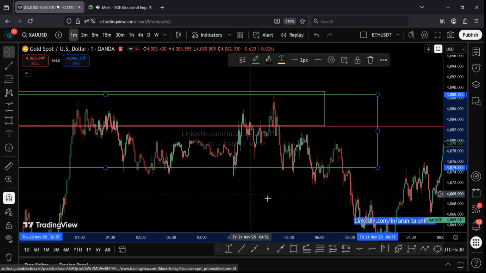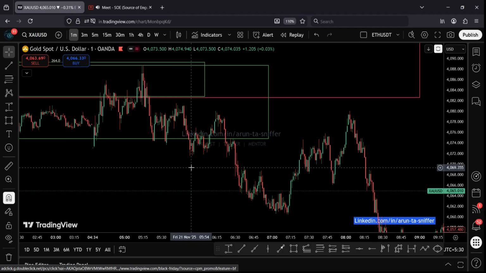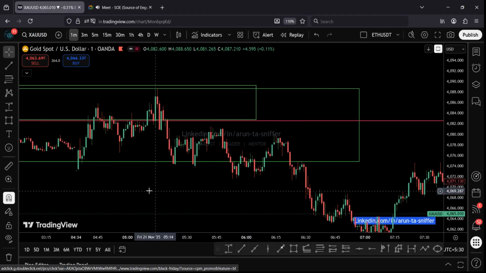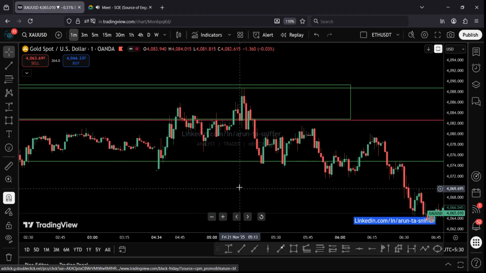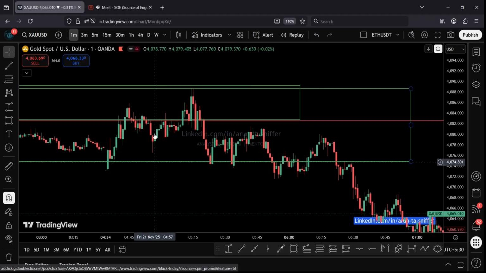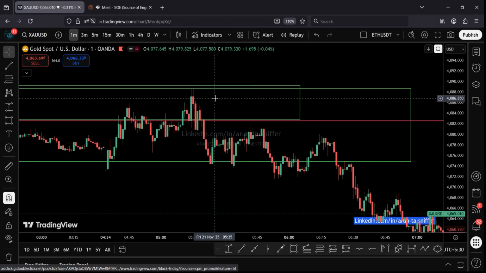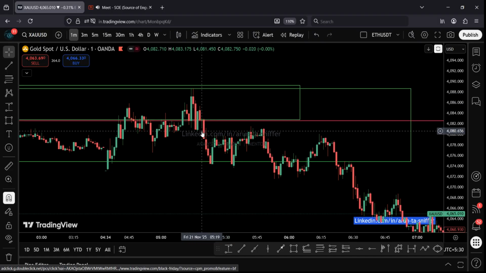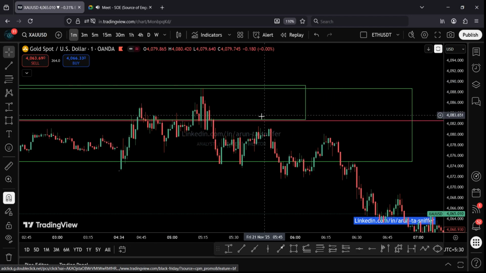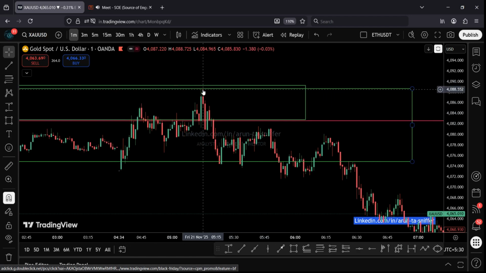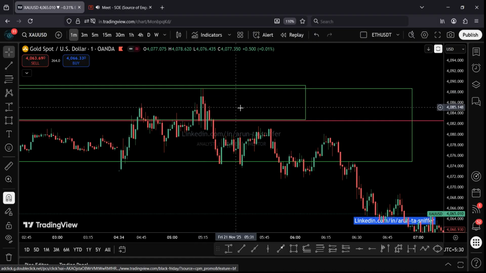Which zone do we have here, can you tell? Price goes like this. We have QM, or what, which zone do we have here? If you look here, price has reached the last of the zone, so hitting the MPL.